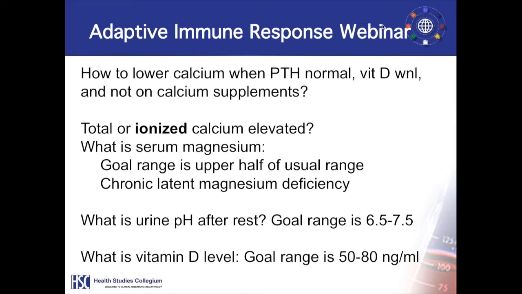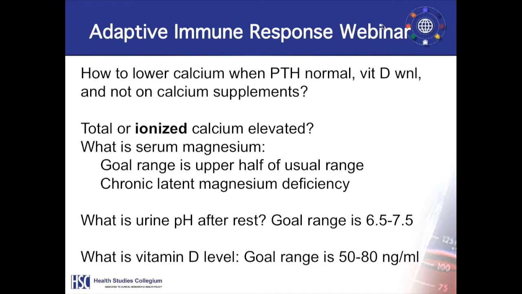The pH goal is 6.5 to 7.5. That indicates enough minerals to balance out metabolic acids. But if the pH is less than 6.5, this suggests excess acids and deficiency of minerals, particularly magnesium and also potassium.